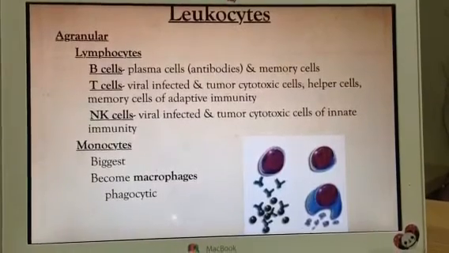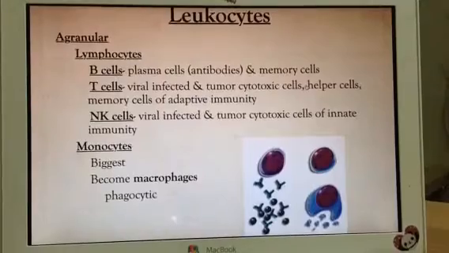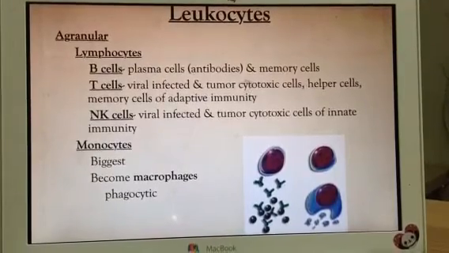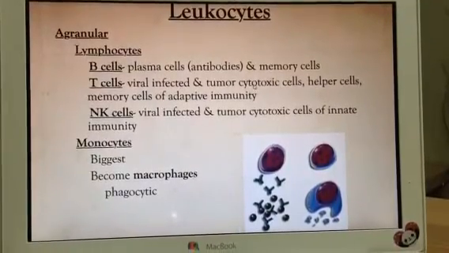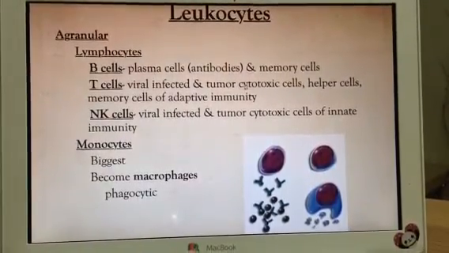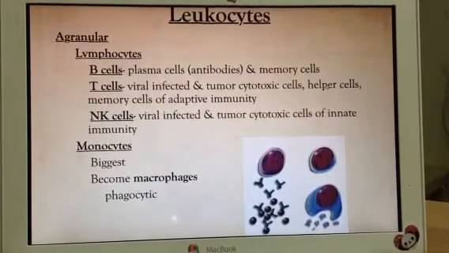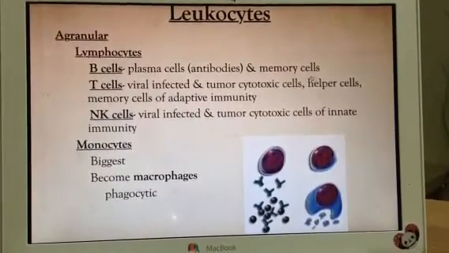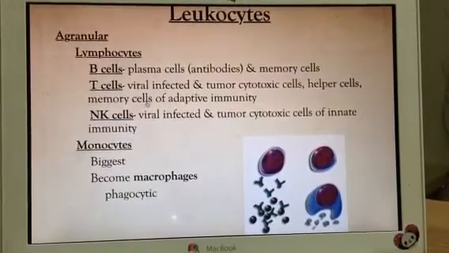So there's cytotoxic T cells, and it's exactly what it sounds like. Cyto means cell, toxic means to kill or to be poisonous. So these kill cells, not necessarily eating them, but killing them with poison. And then there's T helper cells, which do help the cytotoxic ones, and then there's the memory ones.